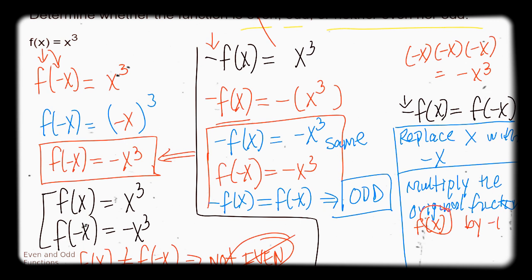And then if you multiply it by negative 1 and it's the same as f of negative x, then it's odd. Any questions on this one? There's a lot going on in this problem.